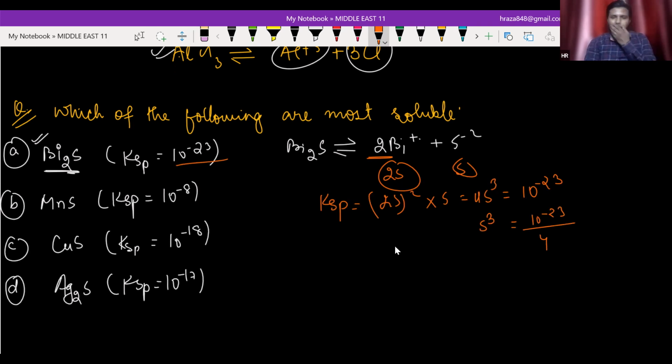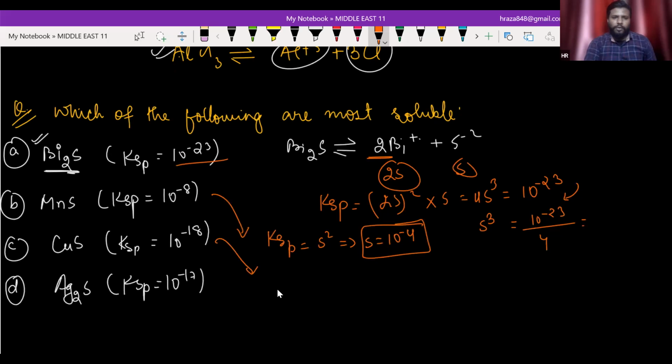Now what you need to do is make sure this power should be a multiple of 3, so that it will be cancelled and you will get a good value. And now go for the second one. It will have Ksp equal to basically s square, and you will get s equal to 10 raised to the power -4.